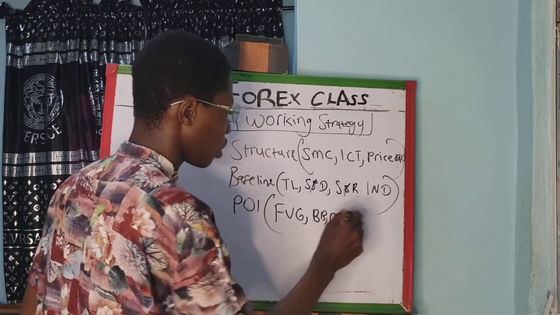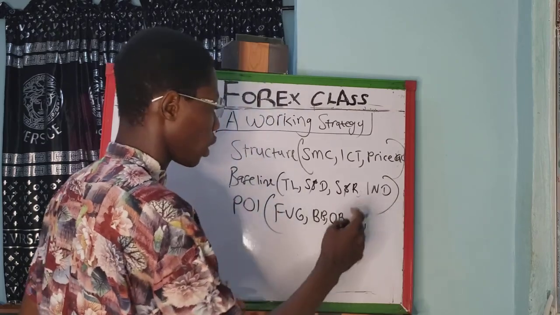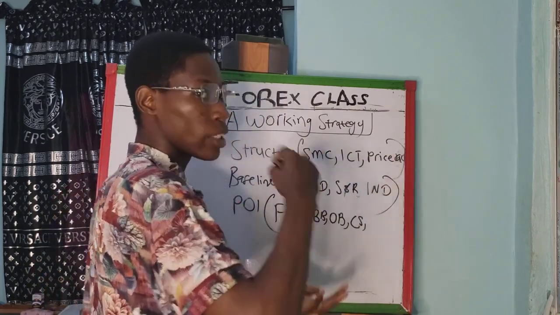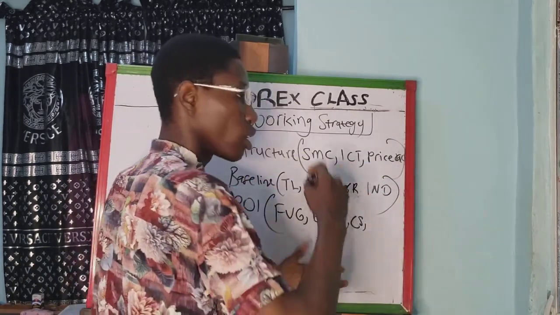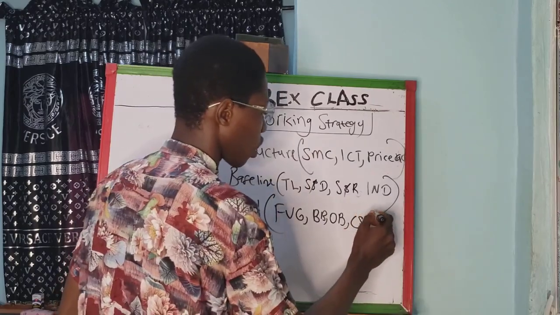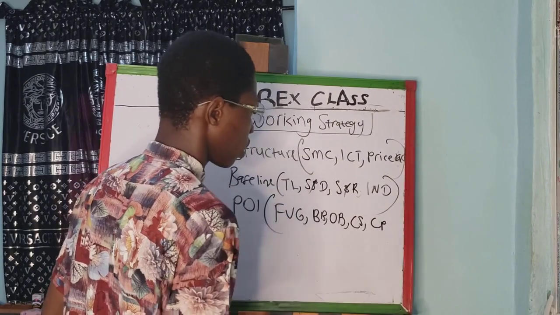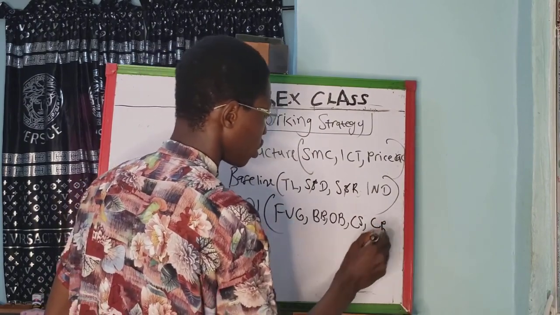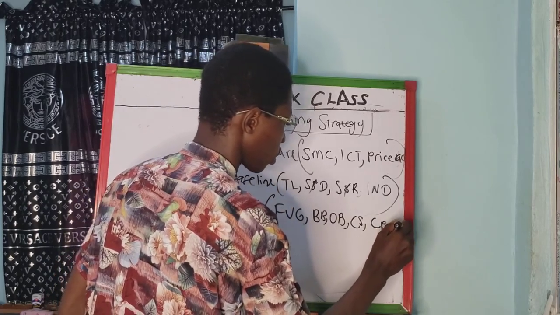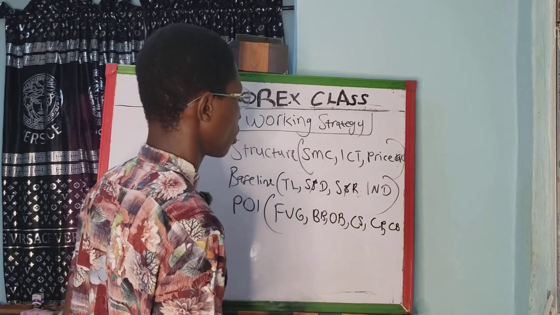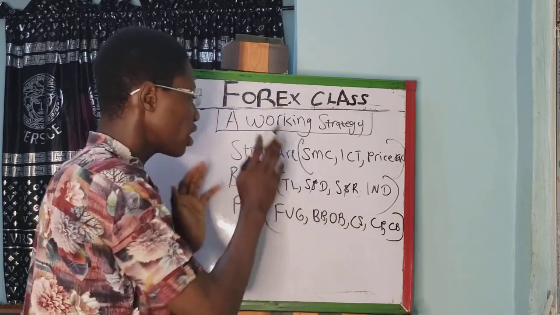We also have the CS, candlestick, as well, that some people use as their point of interest, the point at which they are going to enter the trade, or the point they are actually interested in to see a reaction in the market. We also have the CP, which is the chart pattern, right? So there are a lot. We also have the counter break, CB, right? They are just different. There are a lot.